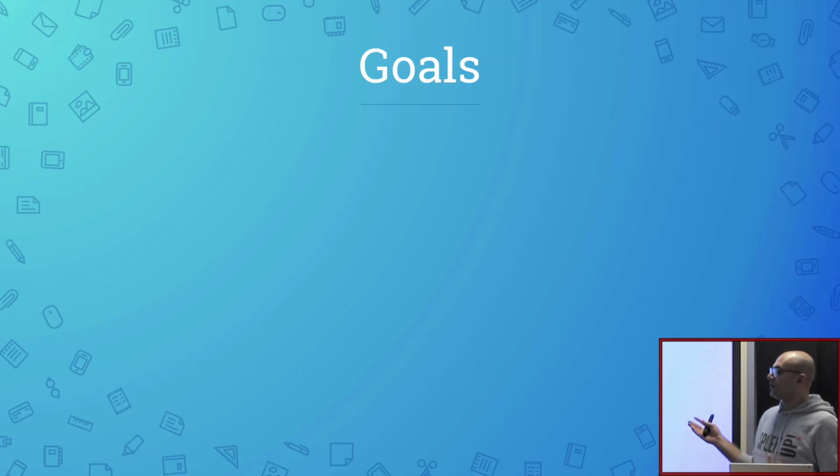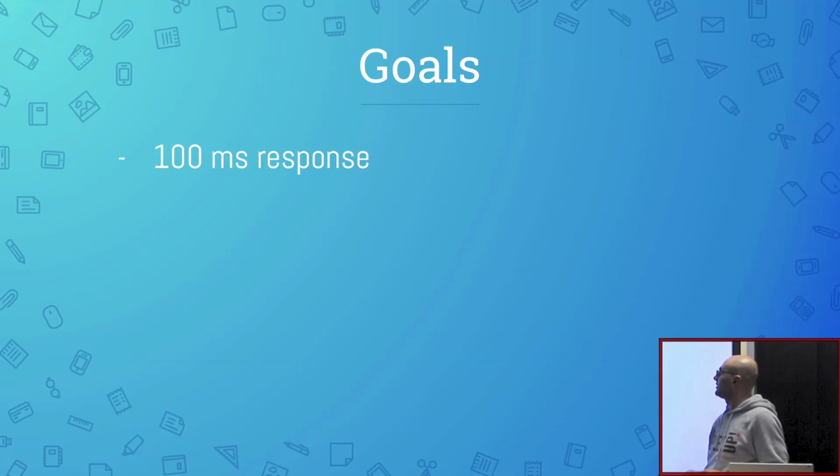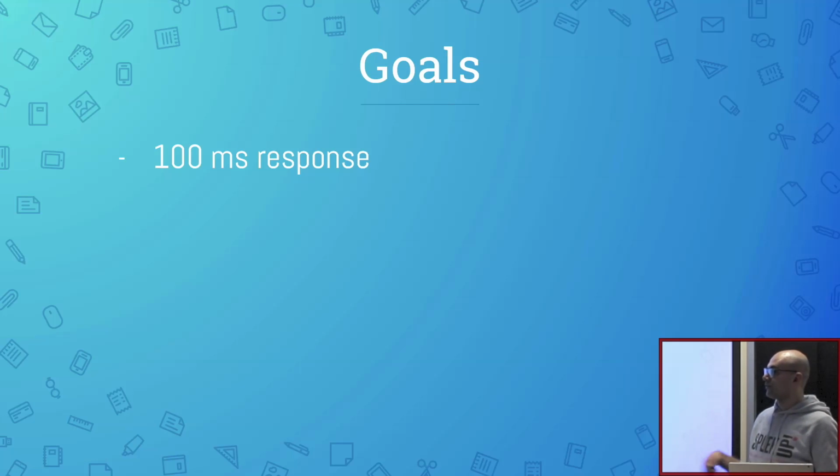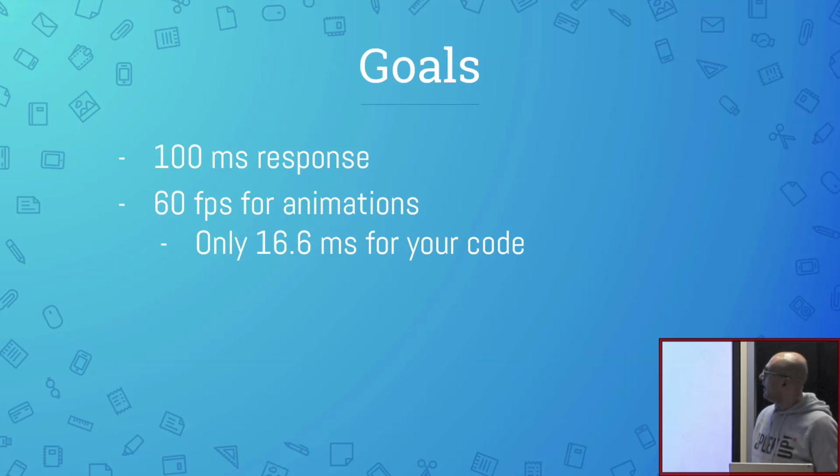There are some strict goals on best practices that I mentioned here, but this is not applicable for all websites. These are for commercial big websites. You should have a 100 millisecond response if you want to retain your users. That means you should have a 60 frames per second rate for animations. This means that you only have 16.6 milliseconds for your code to run.